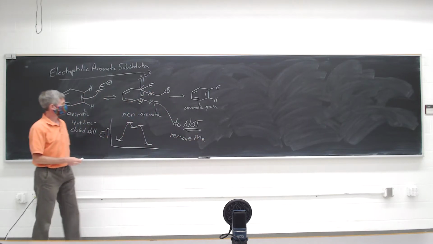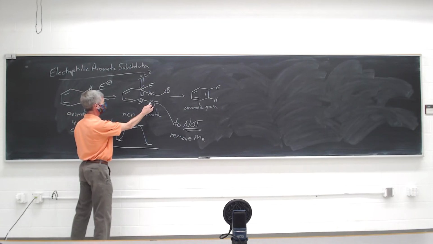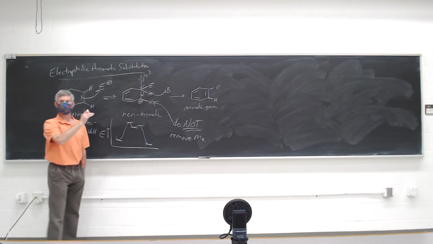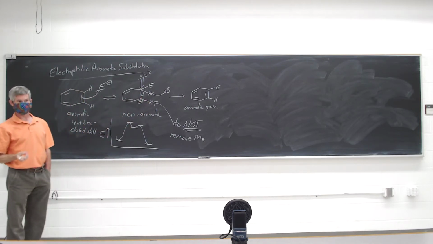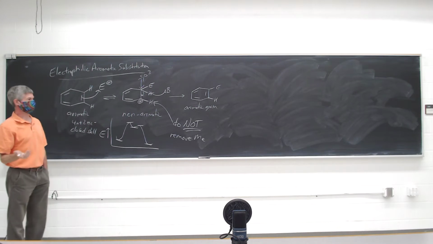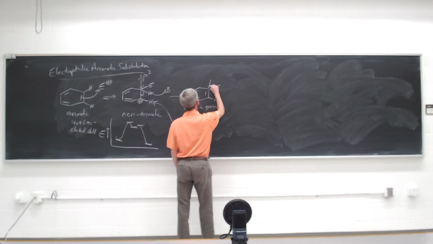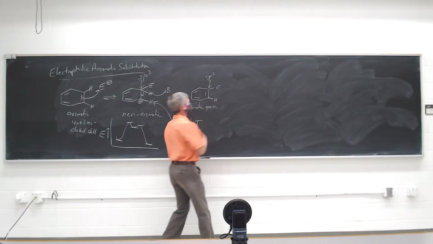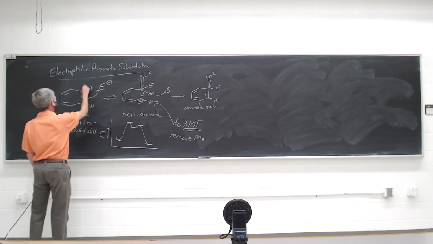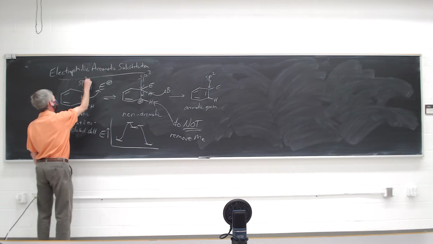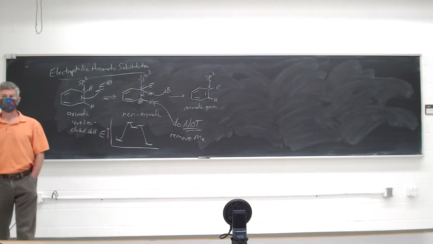Because if you were to remove this one, you would generate a carbene, and carbenes are not very stable, and you would not regenerate the aromaticity. Right? You have to convert this sp3 hybridized carbon back into an sp2 hybridized carbon in order to regenerate the aromaticity.